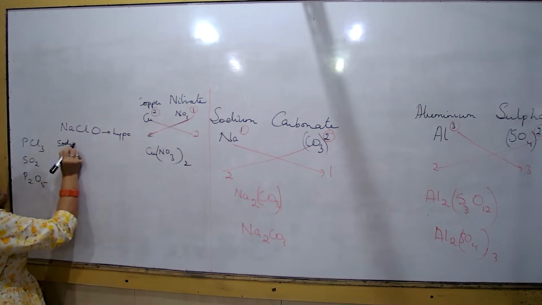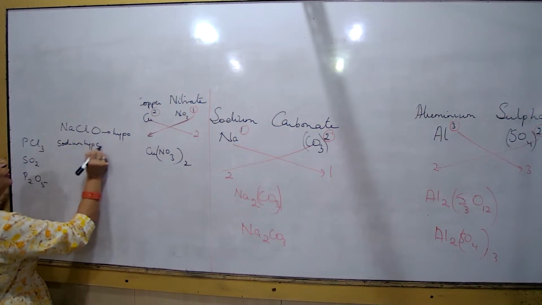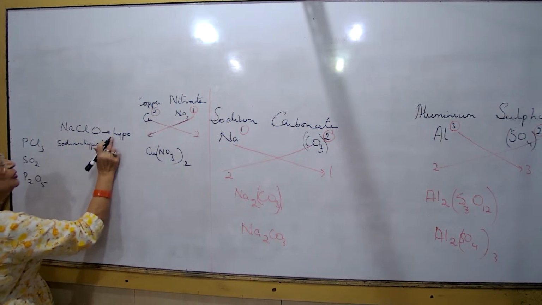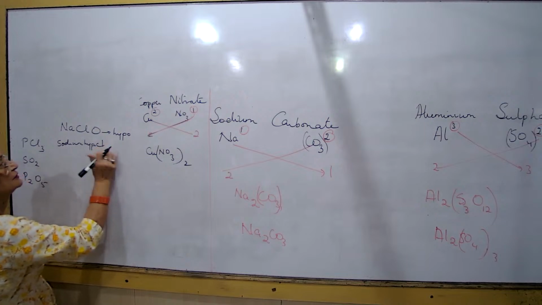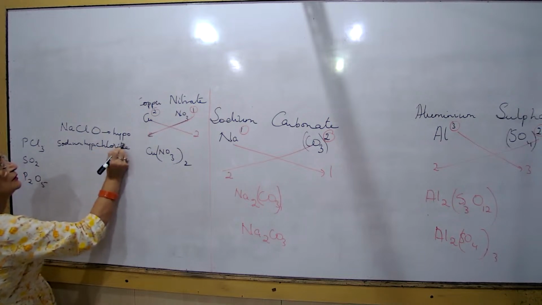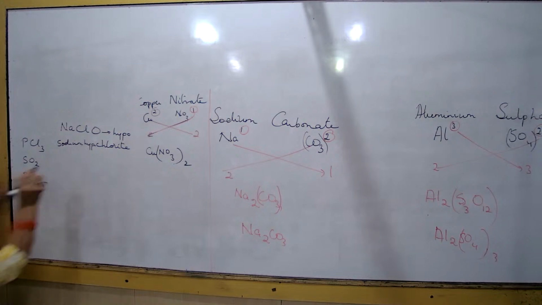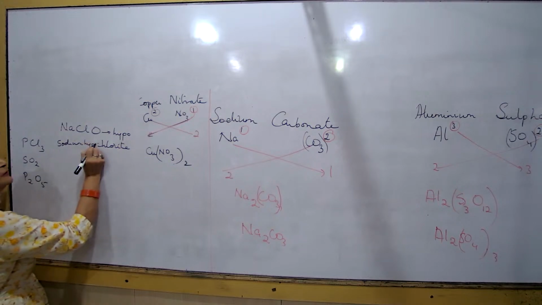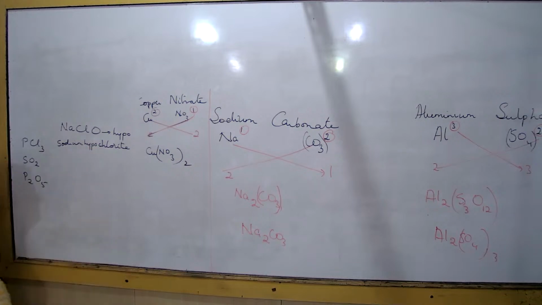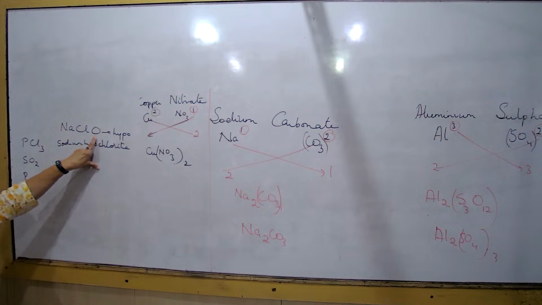One oxygen, hypochlorite. In other words, 1 is less than 2, and you can't say no oxygen, because it would then be sodium chloride.